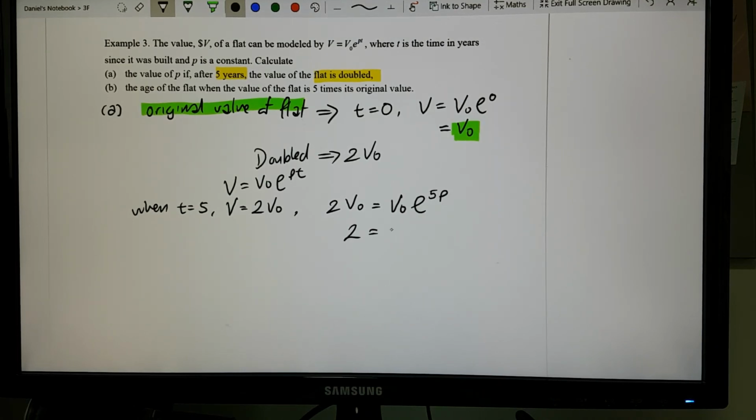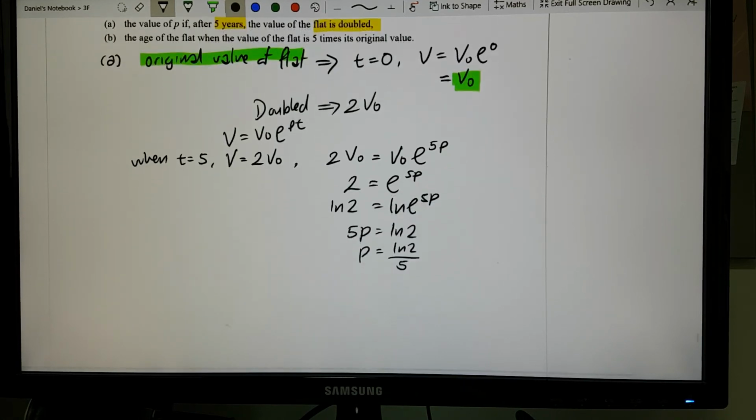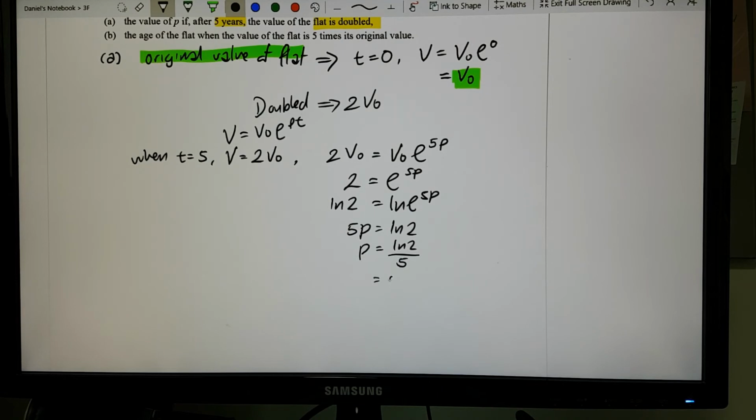V0 and V0 can be cancelled away along both sides. 5P equals ln 2. P equals ln 2 over 5, which equals 0.138629, which is 0.139 to 3 significant figures.